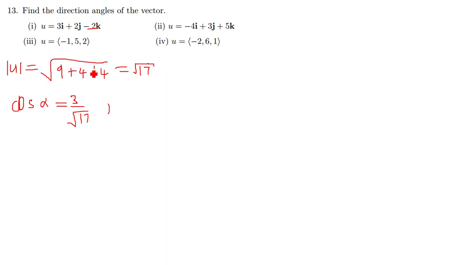Then cos beta is equal to 2 over the root of 17, and cos gamma is equal to negative 2 over the square root of 17.